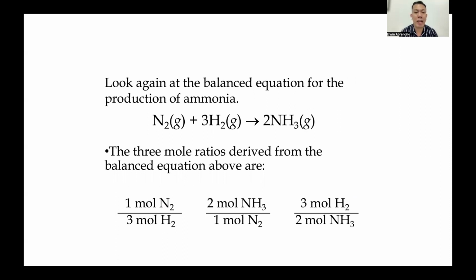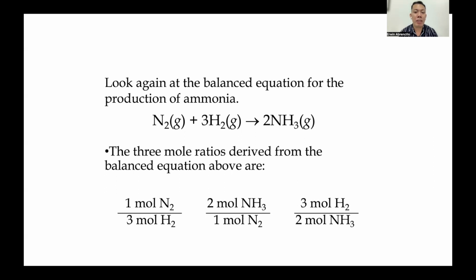Of course, you have to balance the reactants and the products. On the reactant side, you have two atoms of nitrogen and two atoms of hydrogen. Now, you have to write a coefficient of 3 in the hydrogen to balance it. Same thing with the coefficient of 2 for ammonia. So with that, it is already balanced.